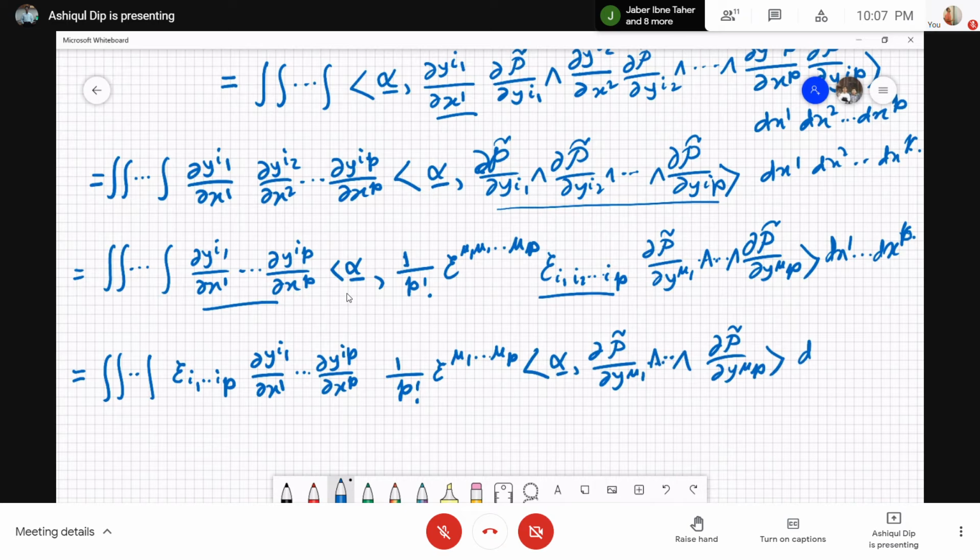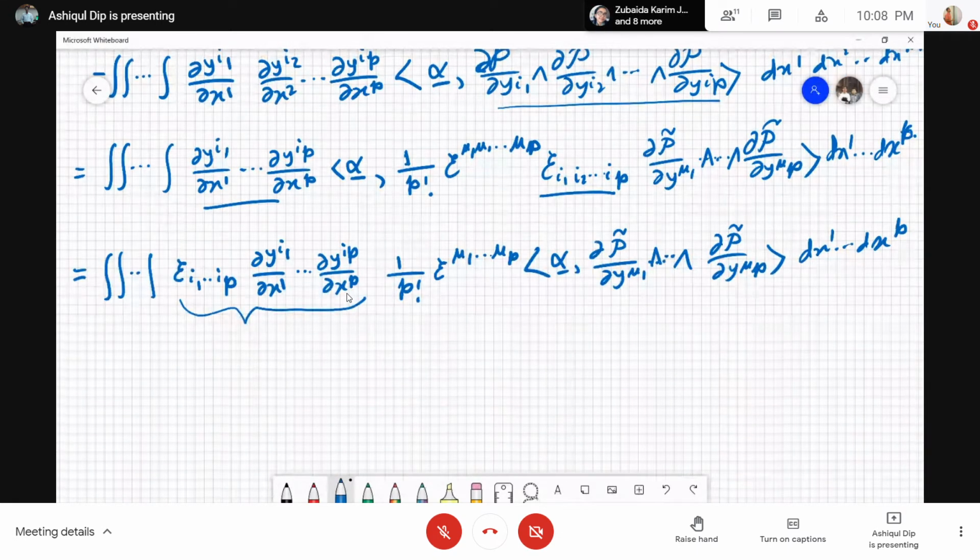Then dx1 up to dxp. So do you recognize this object? Yeah, it has a relation with the Jacobian, right?